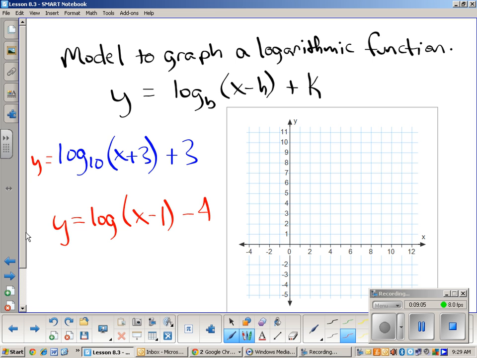The base on these problems is going to influence what the shape of our graph is, but it's going to be very minor priority to me. The point (h, k) is the translation.